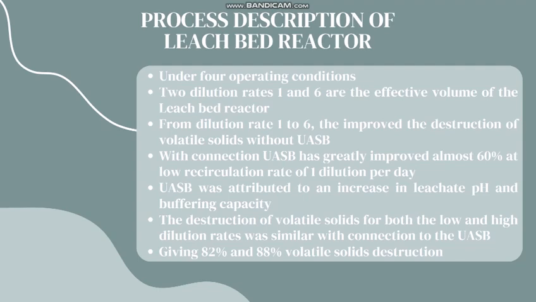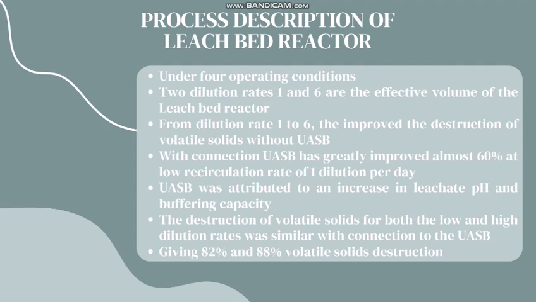Then the increase in dilution from 1 to 6 improved the destruction of volatile solids without connection to the UASB. However, connection with the UASB greatly improved the destruction of volatile solids by almost 60% at a low recirculation rate of 1 dilution per day.